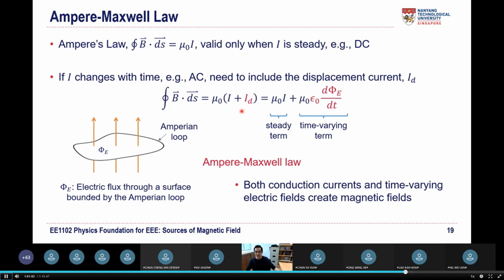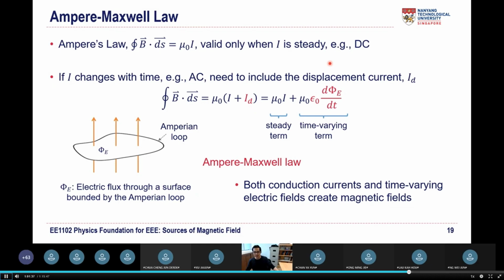You also need to include an additional term, and this was the work of a scientist called Maxwell. Ampere came up with Ampere's law, but then Maxwell realized that this only works when I is DC, and when there is AC, something that changes with time, there must be some additional term to take this into account.